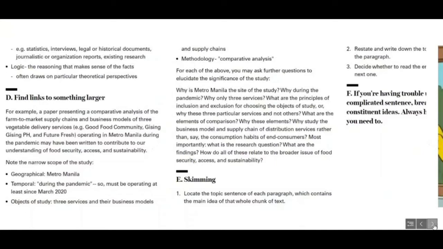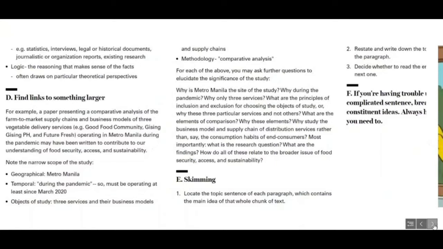But you're limiting the range, the temporal and geographical range of your study, and then clearly identifying your objects of analysis, TikTok videos. And then in doing that, and identifying your objects of study, you'll also have to explain why you chose TikTok videos as objects of study rather than, say, Facebook groups or Twitter hashtags. You'll also have to justify that. But the point is that you identify clearly your objects of study.